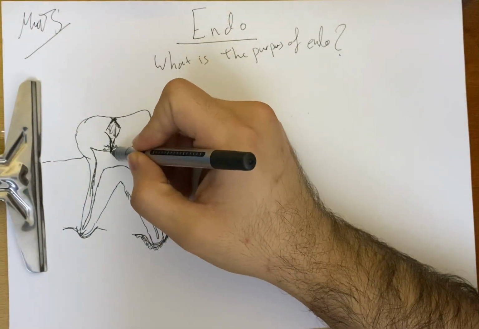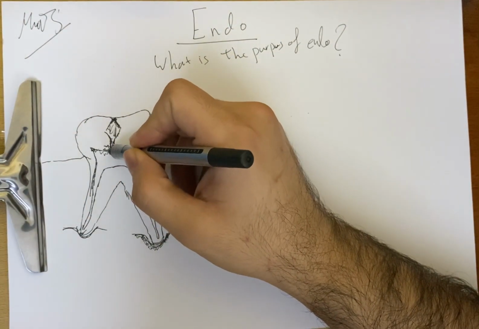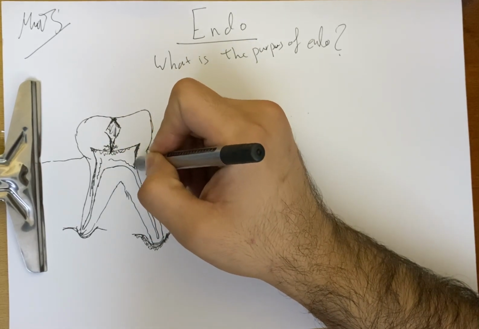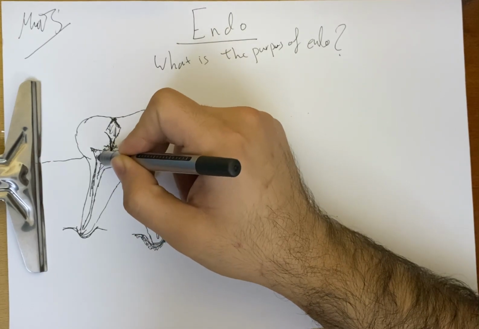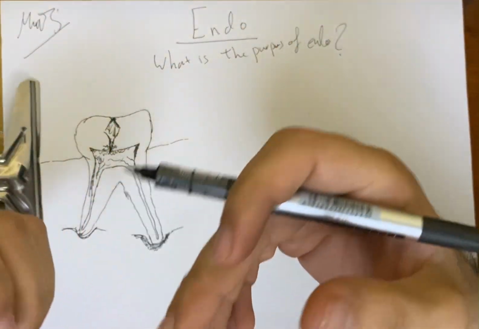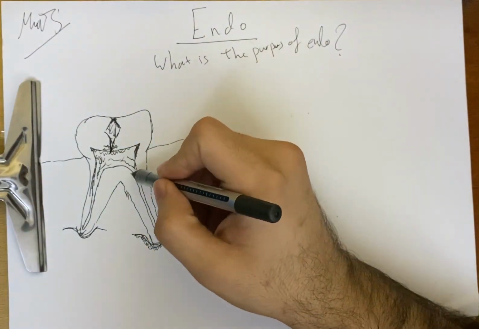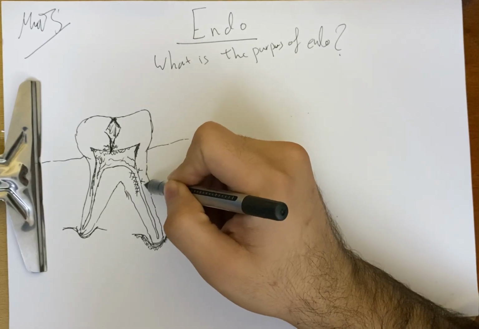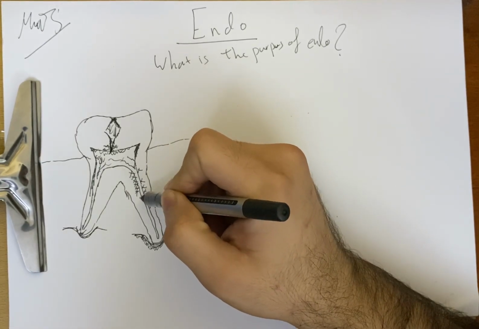So the pulp dies. When the pulp dies, the bacteria keeps on moving and keeps on eating the pulp. And when it eats the dead tissue, it multiplies. So this entire root canal system becomes filled with bacteria.